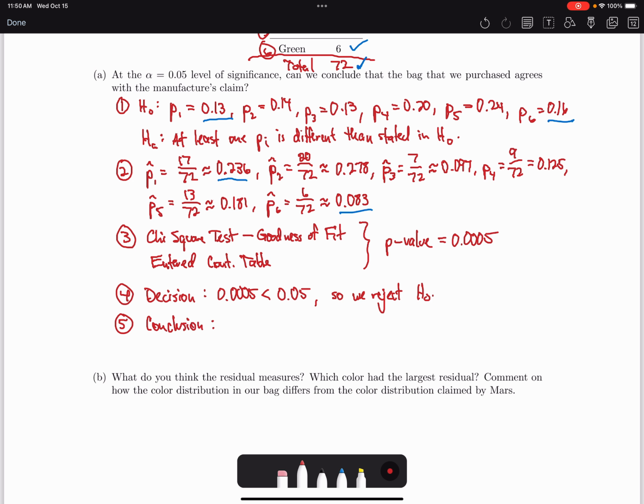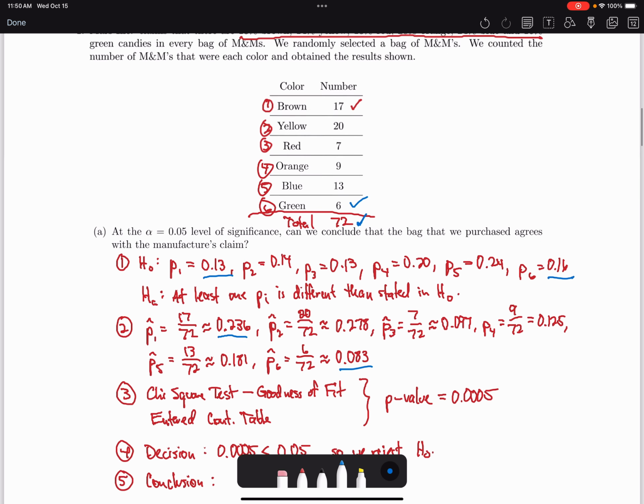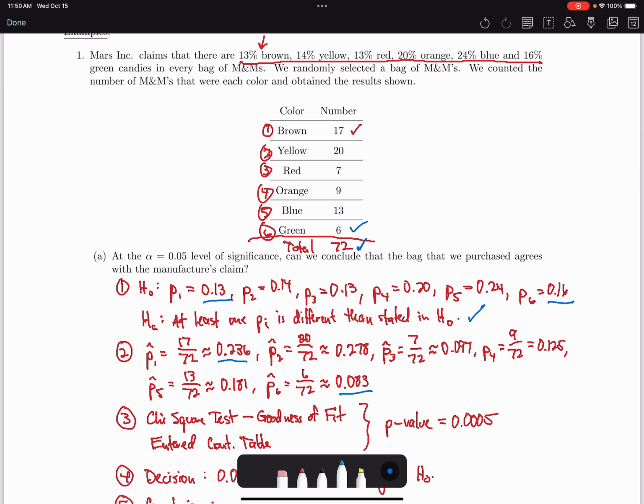Okay, since we're rejecting H null, we have sufficient evidence to support the alternative, right? At least one of the proportions is different. And we should state that, and we should refer back to the actual scenario in question here. The scenario is whether or not these colors in our bag match the distribution that Mars claims there should be in the bag.